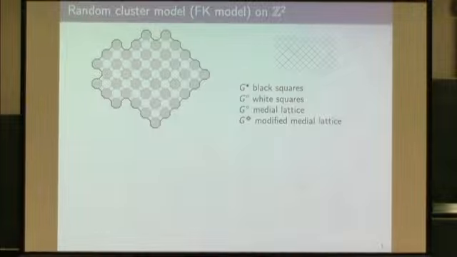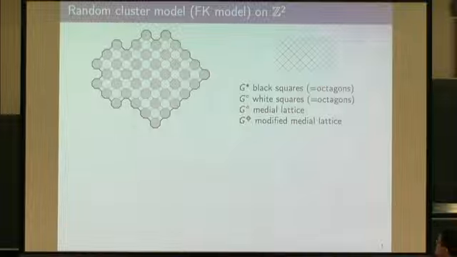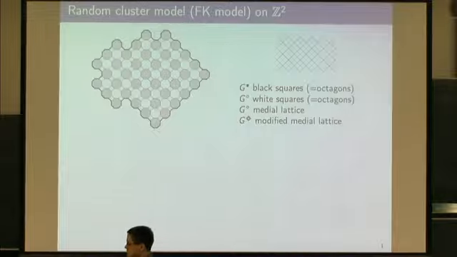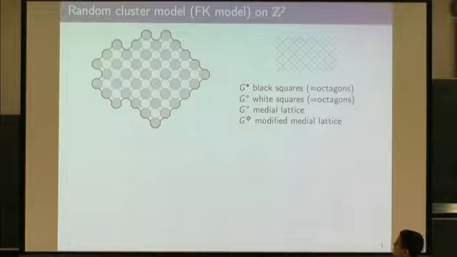Okay, so let's start with the FK model, which has been here several times in Wendelin's talks and in Hugo's talk this morning. Basically you start with these lattices. We have the black octagons or squares. Here the drawing starts from the checkerboard coloring, with black and white squares, and then we slightly resolve what is happening in the corner.